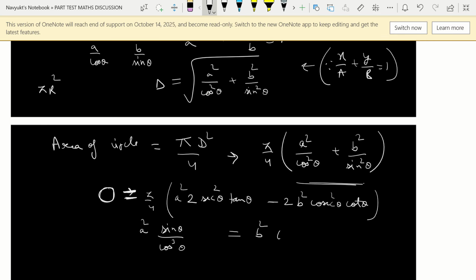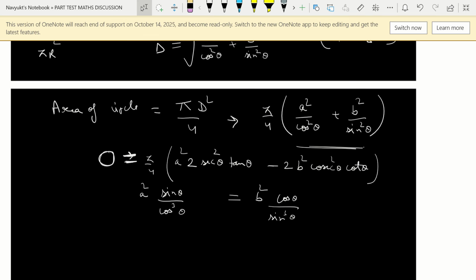Cot is cos by sine. So simply cos theta by sine cube theta. This will give us a square into what? Let's first write tan power 4, sine 4 divided by cos 4, equals b square.